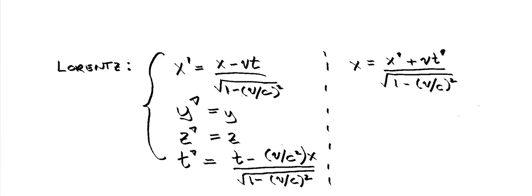So how are we going to establish a crosswalk between their measurements and our measurements in our two different frames that are moving relative to one another? Well, the way that we're going to do this is we are going to use these Lorentz transforms.